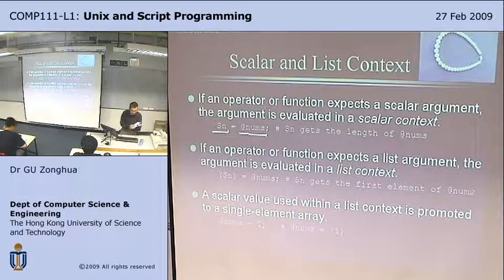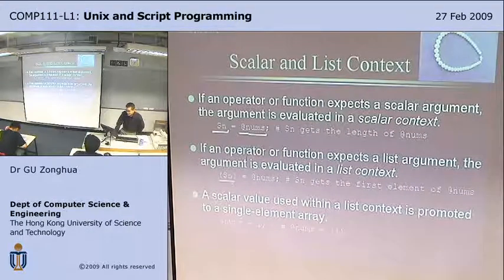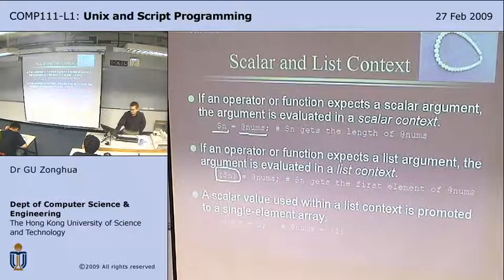I think we discussed this already, but this is just to reiterate the point. If you assign it to a list, parentheses $n, that is a list with a single element. That is, this operator or function, the assignment operator, expects a list argument, so the argument is evaluated in list context. So now n gets the first element of nums.